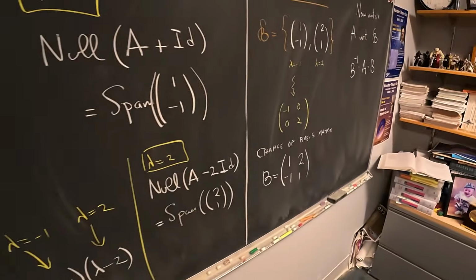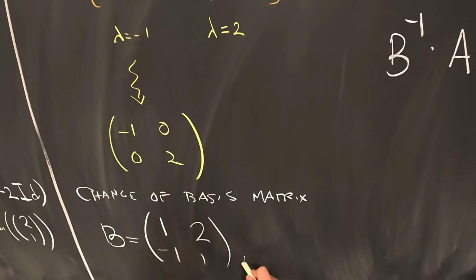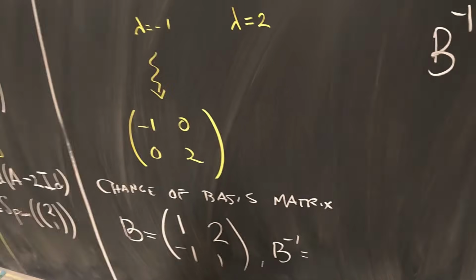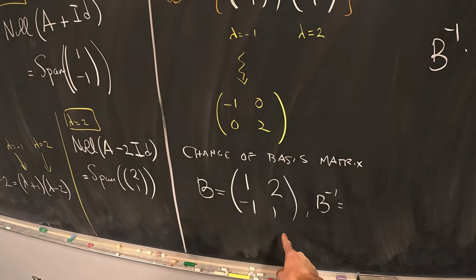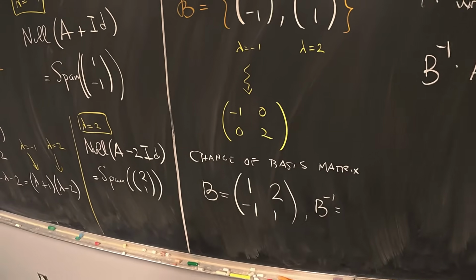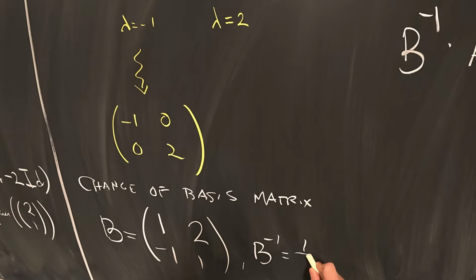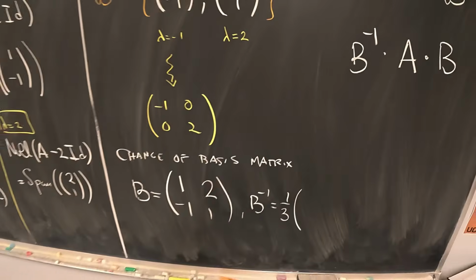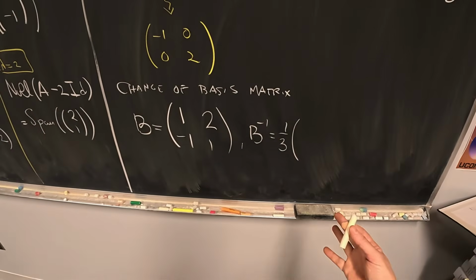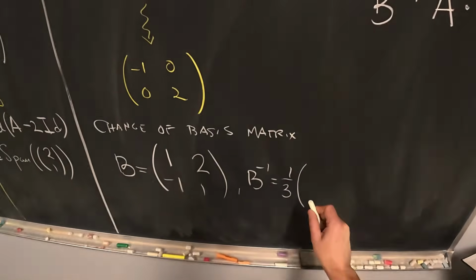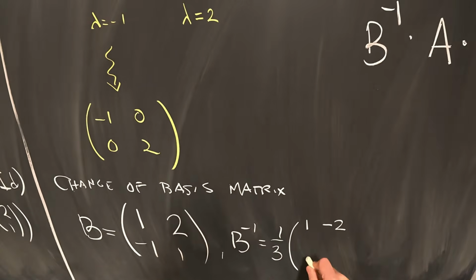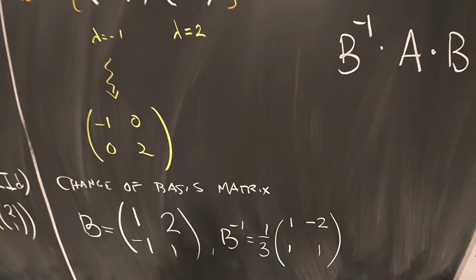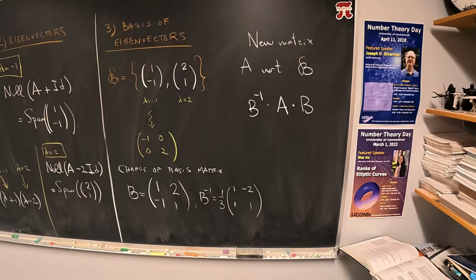I'm going to use that to compute the inverse matrix. The determinant of this is 1 plus 2, which is 3. So it's a third of, 1, minus 2, 1, 1. So that is the inverse matrix.